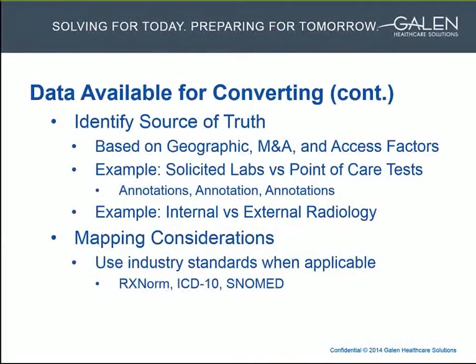And that segues right into the next one, which is identify the source of truth. The source of truth, meaning where does that data stem from? Where is the originator of that data? Is it based on a geographic location?